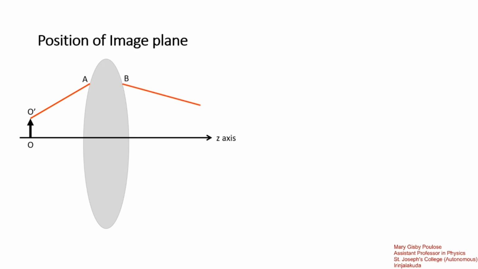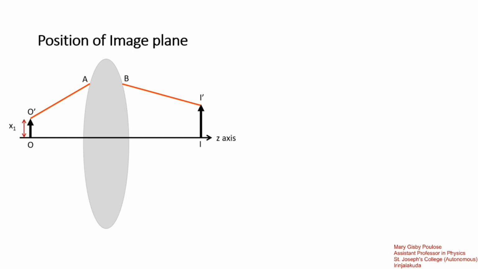And after the lens, again light travels through a straight line in a homogeneous medium of refractive index 1, that is air, to form the image at this point, and the image is defined as I dash. Okay, so the points taken into consideration here are O dash, A, B, and I dash.